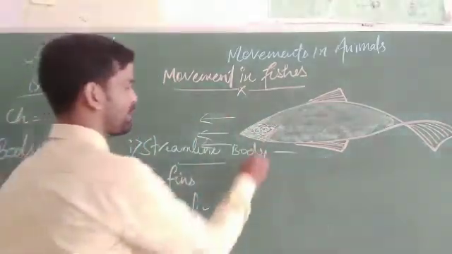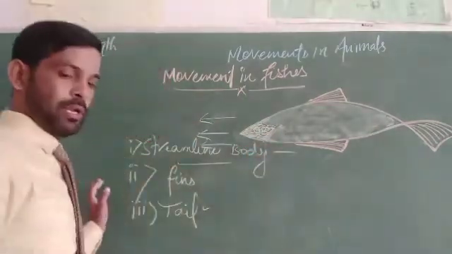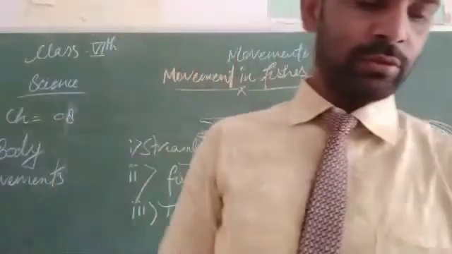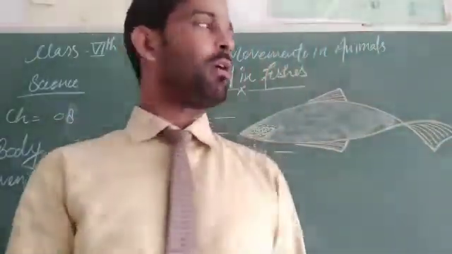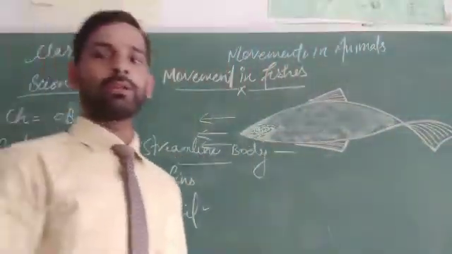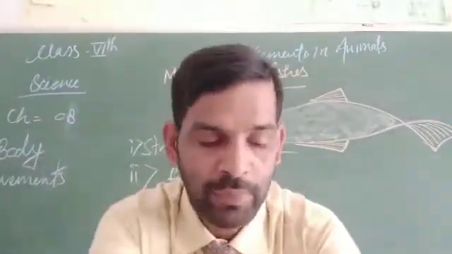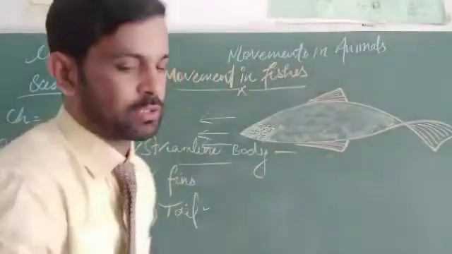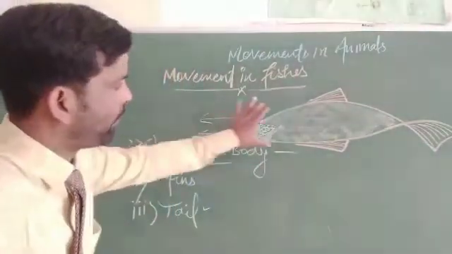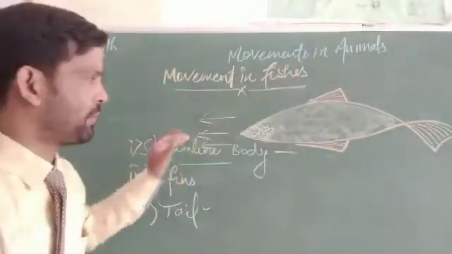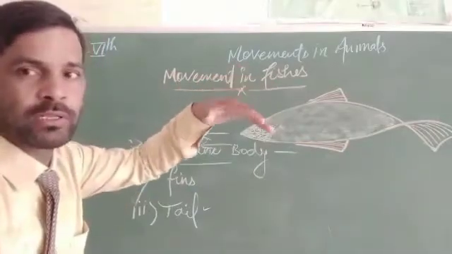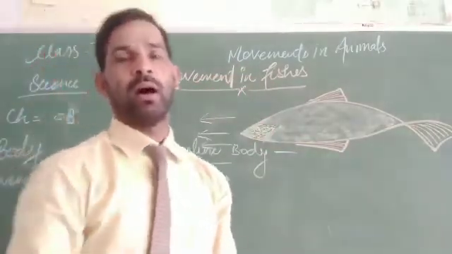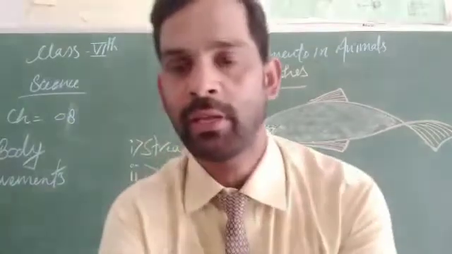And this one is an important structure. It can swim easily in spite of resistance. Why? Because its body has a streamlined structure, and this shape of the fish permits water to move easily along the body. When the fish moves, it can cut the water current very easily.